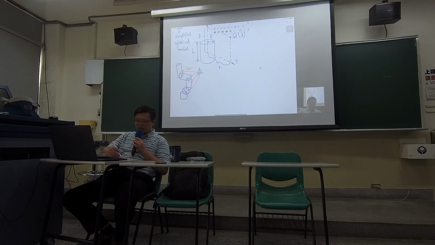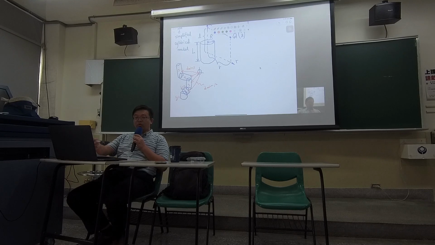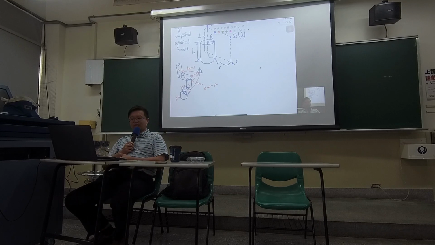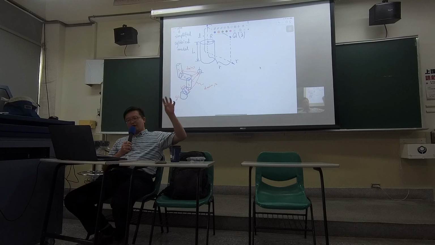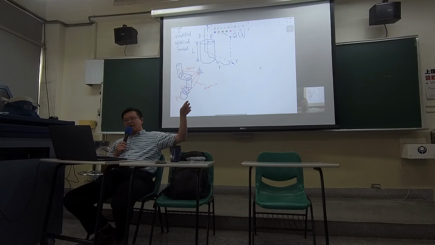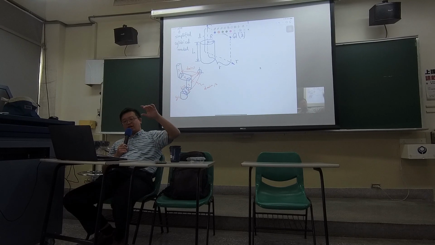So let's say this is j equals 1, j equals 2, 3, 4, and 5. So you can call this d minimum 5. This one is d minimum 2. You will have 6 shortest distances between the spherical obstacle and the cylindrical parts. You can have 6 of them.